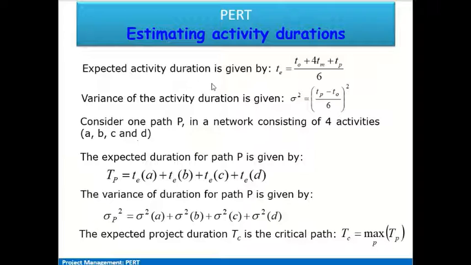Now another important observation is that since mean is an unbiased estimator, the summation of the expected activity durations, that is the TEs for different activities in a path, is the expected duration of the project along that path.